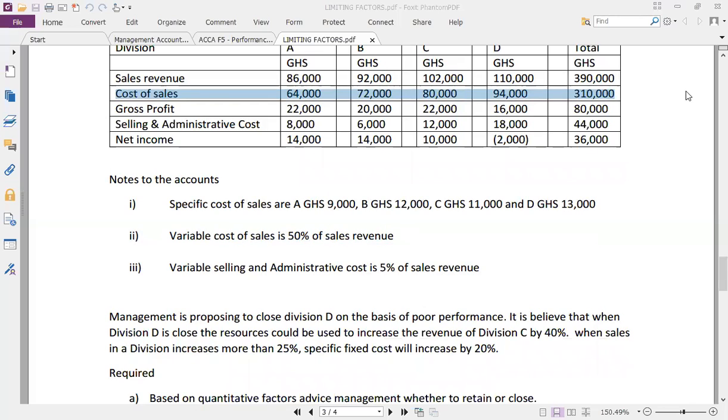Okay, so 30,000. Yes, the cost of sales minus the variable cost. Okay, so now what happened is this. I think this calculation I have to do it here. Let's go to the board.